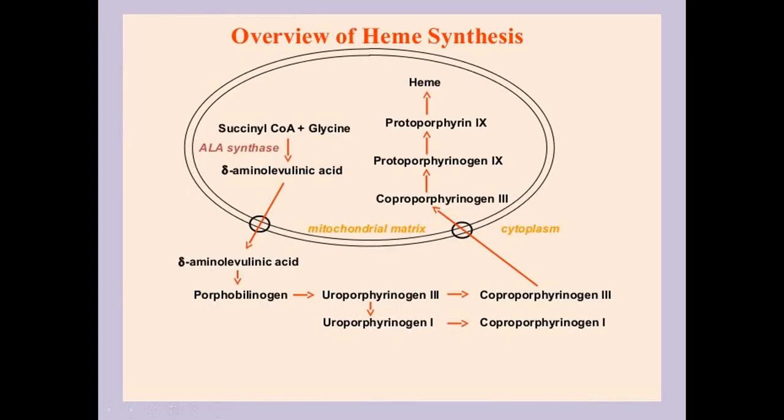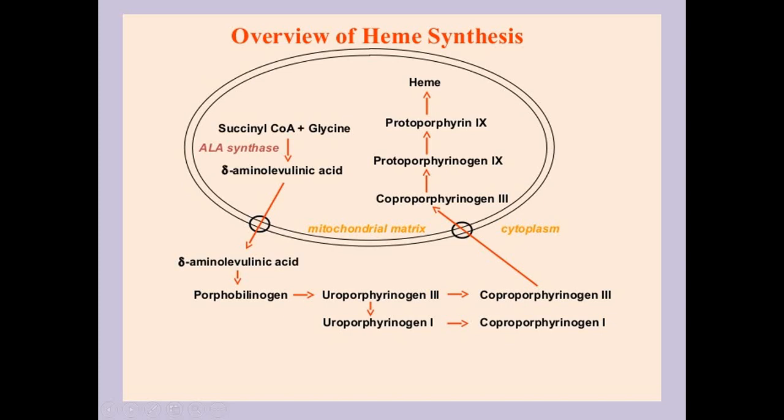This is the overview of heme synthesis. Succinyl CoA with glycine forms delta-aminolevulinic acid by the enzyme ALA synthase. Then delta-aminolevulinic acid leaves the mitochondria and goes into the cytosol, where it is converted into porphobilinogen, then successively into uroporphyrinogen, then coproporphyrinogen 3.